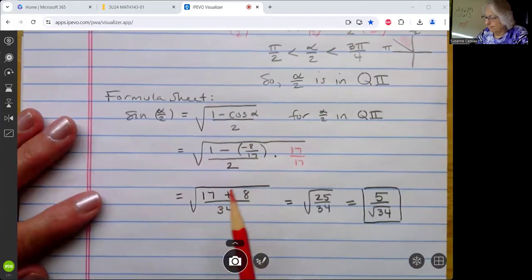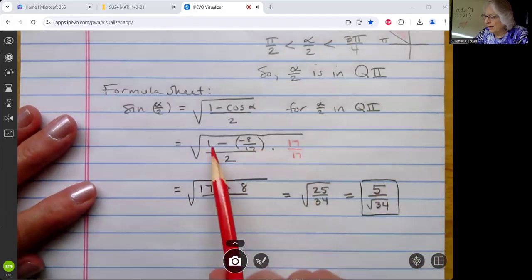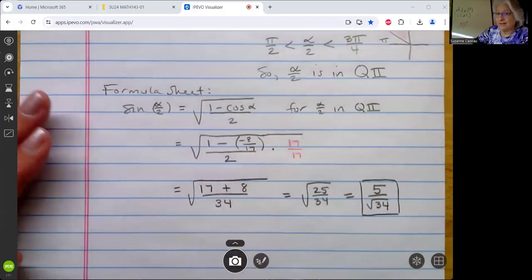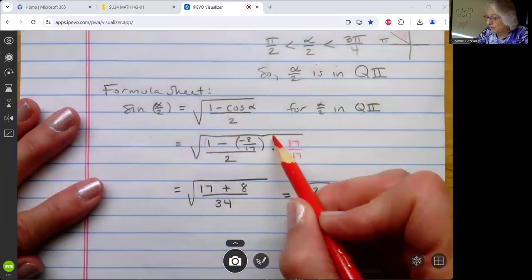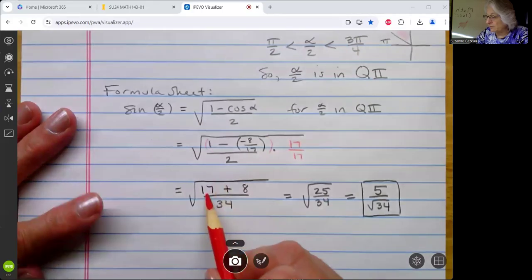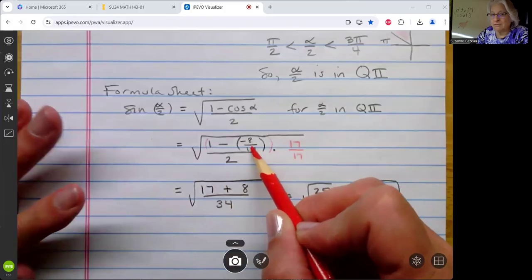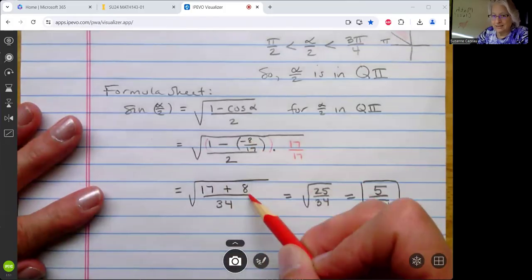If I multiply the numerator and the denominator by 17, I have to distribute it. 17 times 1 is 17. 17 times this fraction, the 17s cancel, and I just get the 8.